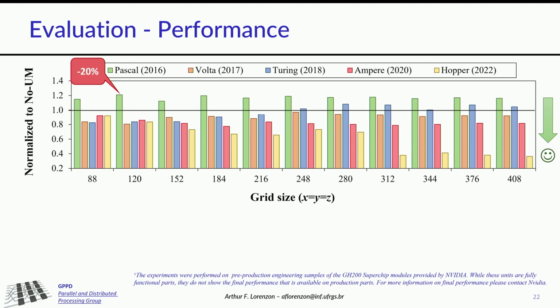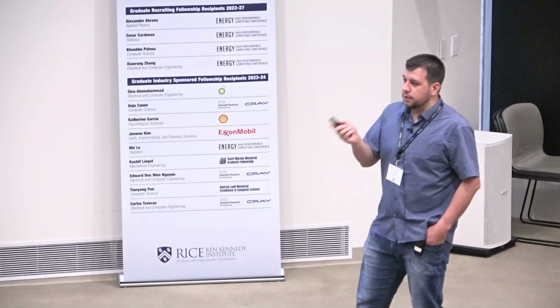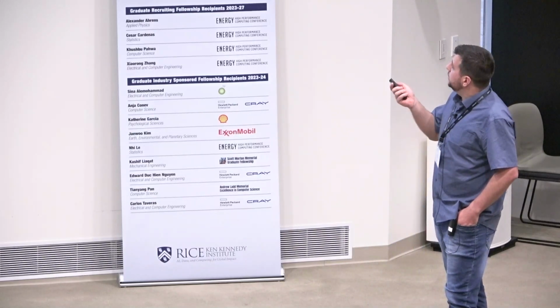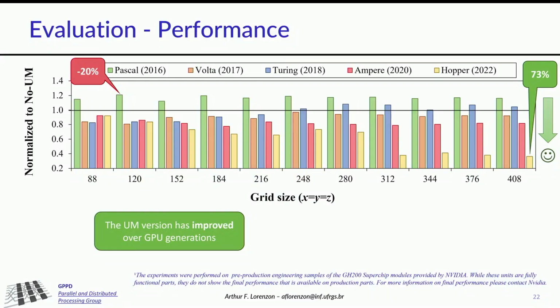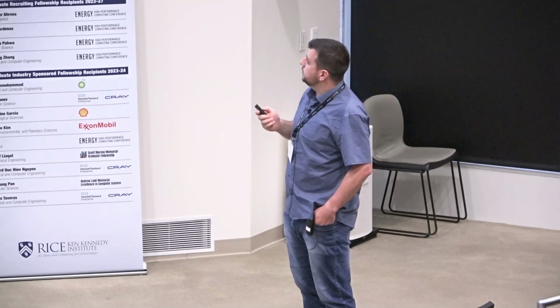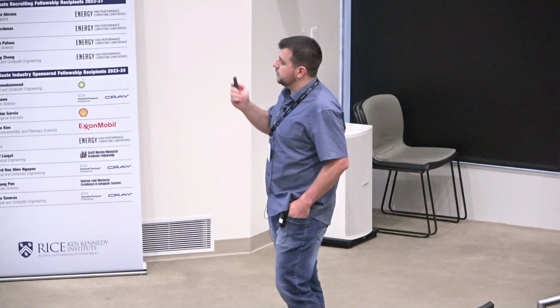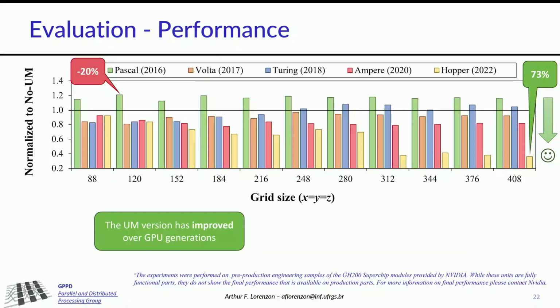In the worst case, the hand-tuned version was able to deliver up to 20% better performance on Pascal. And on the Grace Hopper, by using the unified memory version without modifying any part of the code, so it's the same code version, we were able to get about 63%, not 73%. It was a mistake here.